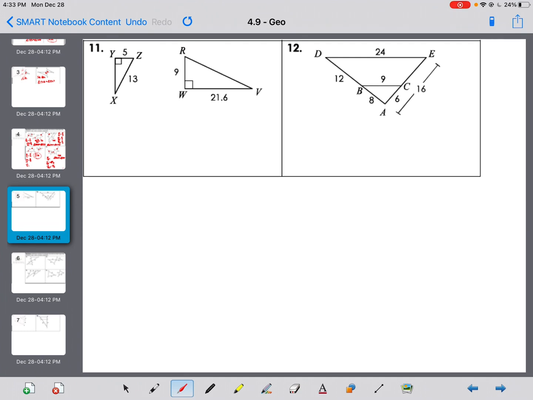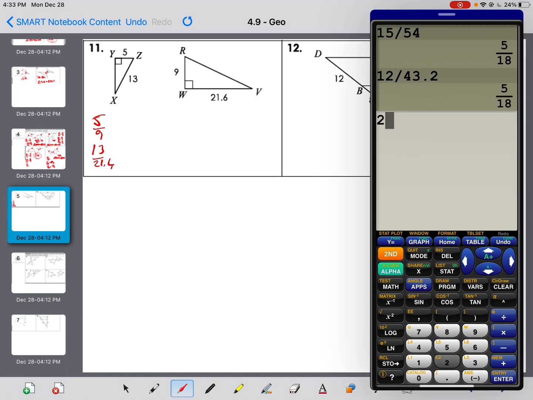Last two, give them a go on your own. Side, side, side. Let's see how we do. Okay. Let's see. 5/9 has got to be the same thing as 13/21.6.